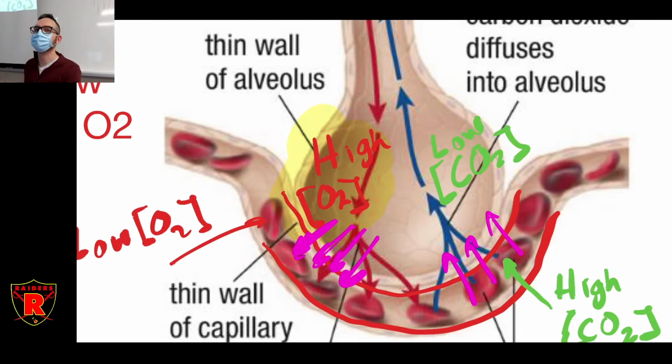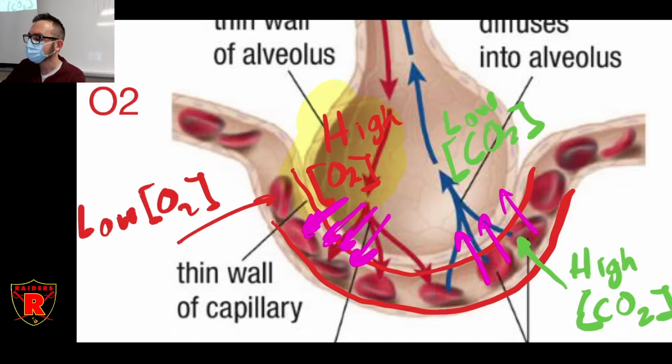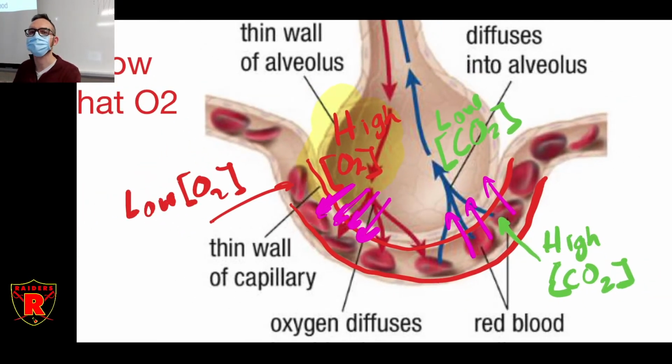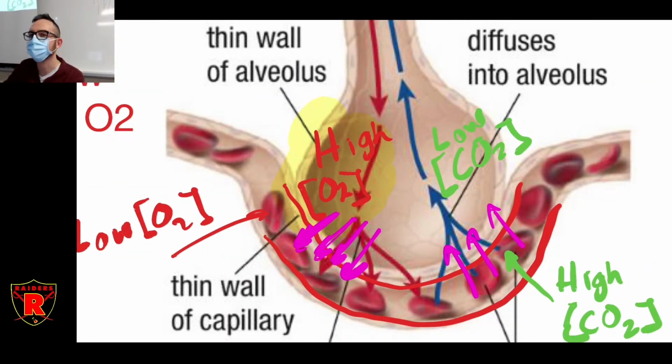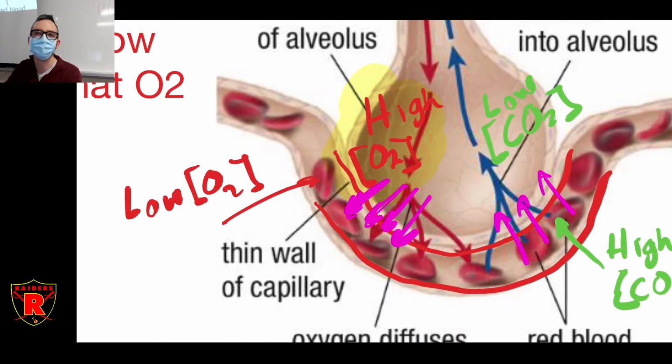So as soon as you stop breathing, you stop replenishing the O2 concentration inside of your alveoli. And once you do that, instead of being relative high O2, this will just become the same concentration of O2 as in the blood, right? These are going to equalize over time due to diffusion. What happens to the movement of oxygen once you have the same amount on both sides?